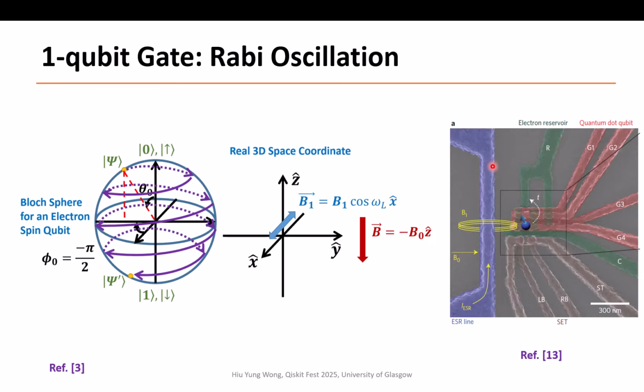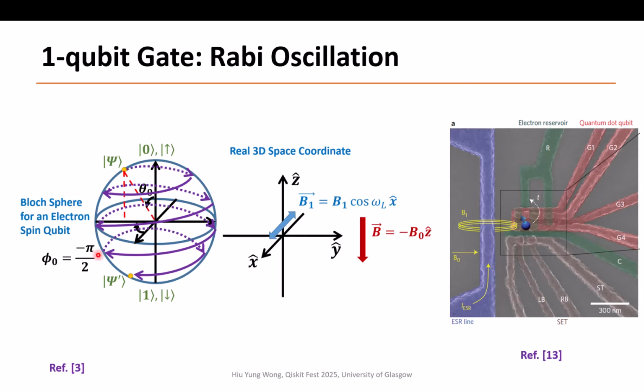Okay, then let's continue. How do we perform one qubit operation? I assume you know the Bloch sphere already from before, so I did not go into detail, but maybe I can mention it one more time, right? The Bloch sphere maps a single qubit state to a sphere embedded in a real 3D system.